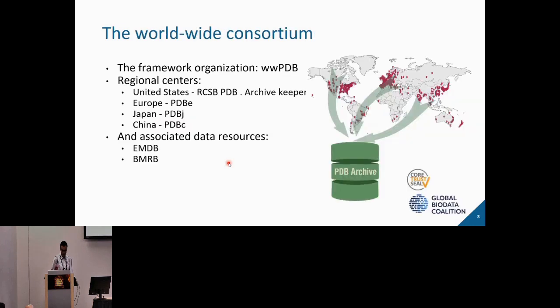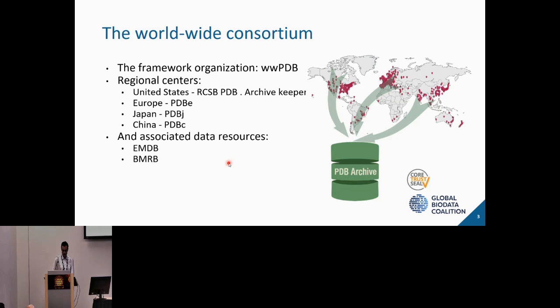So then on how it is managed, there is a framework organization there, wwPDB, Worldwide PDB, that sort of is a framework for all the regional centers. So we have in the United States, it's us, RCSB PDB. If you're wondering what that means, it's Research Collaboratory for Structural Bioinformatics. And it is the archive keeper, and it is the direct successor to the Brookhaven original site.